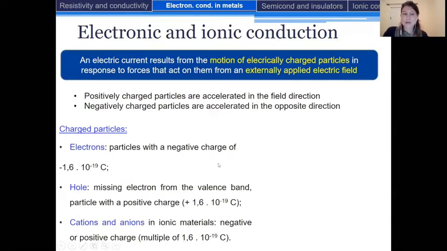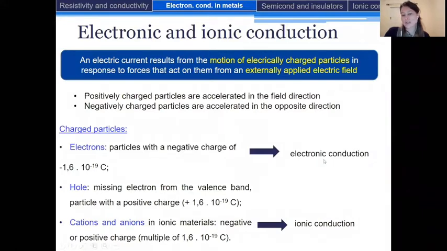And so depending on the kind of particles that flow in the material, if the current arises from the flow of electrons, we are going to talk about electronic conduction, whereas if the current is due to the net motion of charged ions, we are going to talk about ionic conduction.